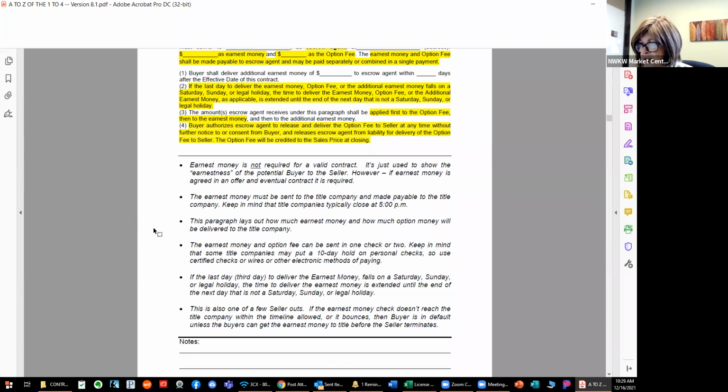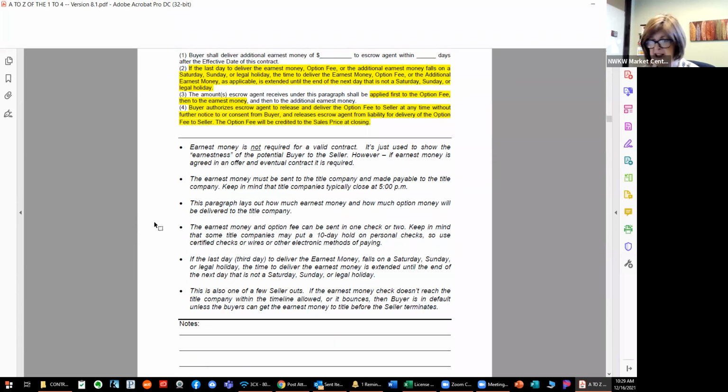The interesting thing is now, though, they can combine that into one check instead of having to have two checks. They can have one check. And I recommend, if they don't deliver it electronically, that they use certified funds, meaning a certified check from a bank or something, because otherwise they're going to wait like 10 days to make sure it goes through the system and it's good money.